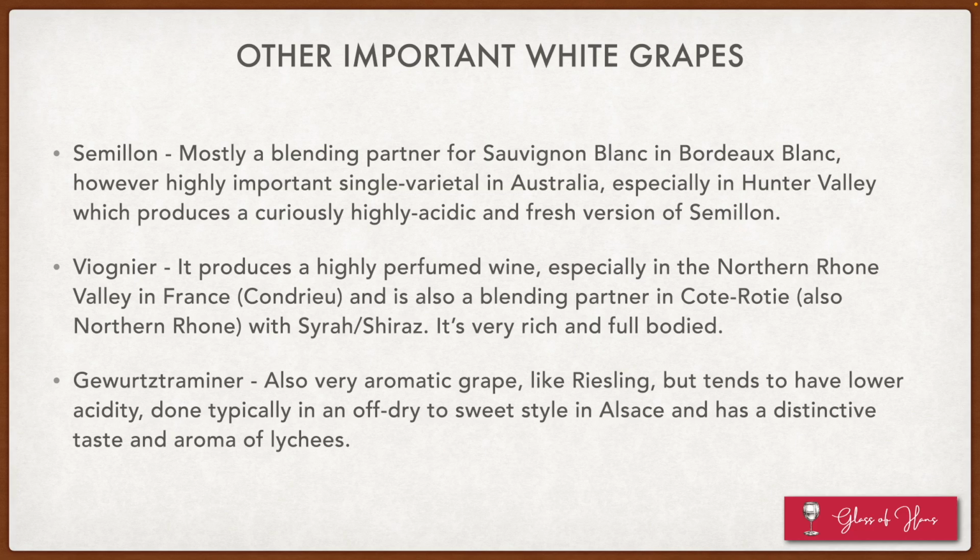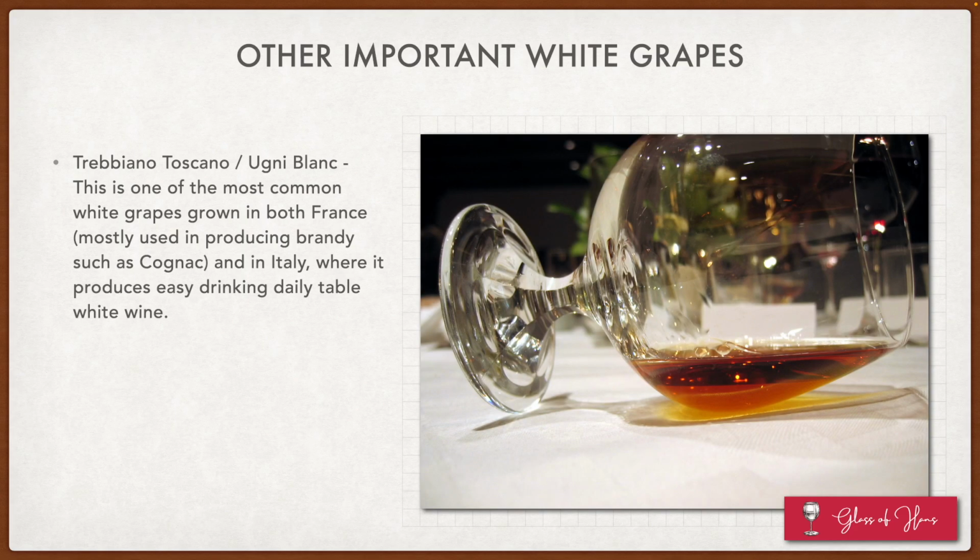And then you've got Gewürztraminer, which is pronounced slightly differently depending on whether you're in Alsace or Germany. It's a very aromatic grape, like Riesling, but tends to have lower acidity. This is a very distinctive wine in Alsace, and the key thing to remember is that it has a taste and aroma of lychees.